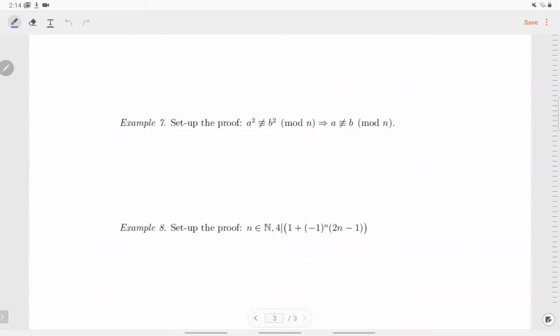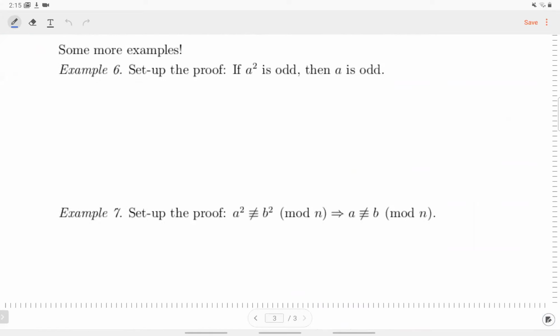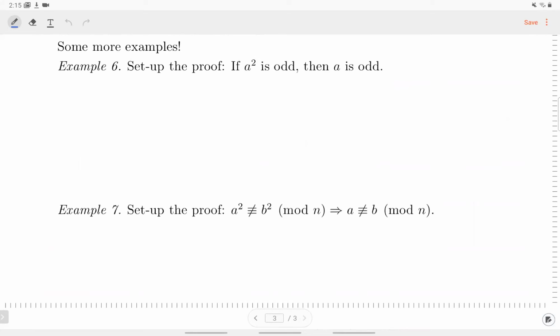Cool. Next page. So here we have some more examples, but this time we're just going to set up the proof. We're going to set up the proof in two different ways. We're going to see what it would look like if it was direct, what it would look like as contrapositive. Direct, and then we'll do CP for contrapositive. All right.